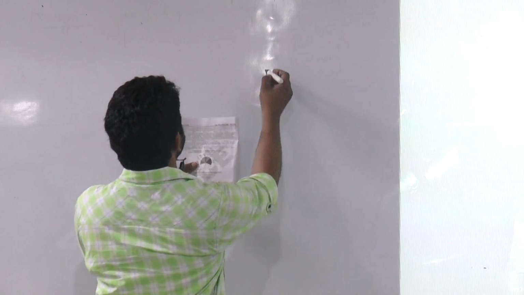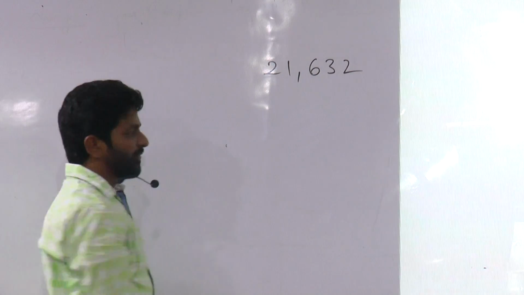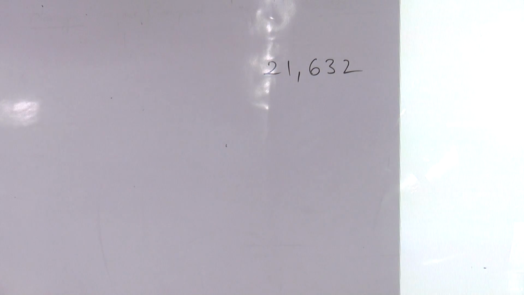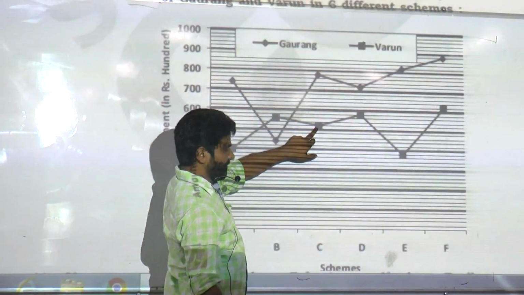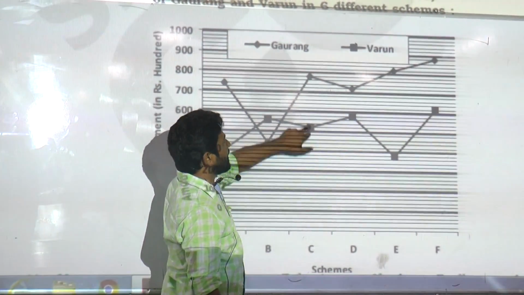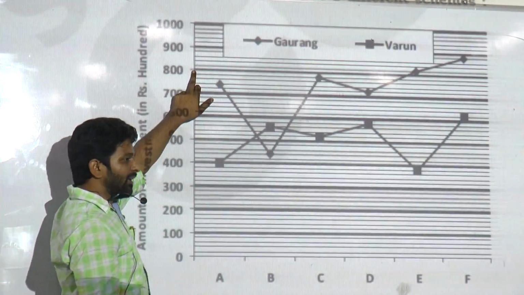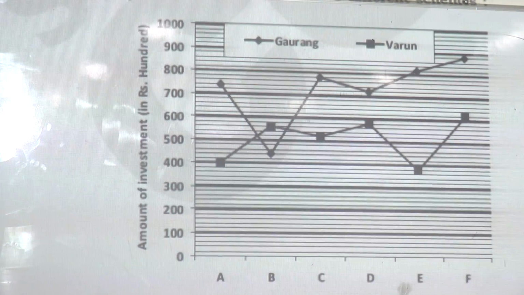So total interest received from two schemes together is 21,632. This is for scheme C, both Gaurav and Varun. Varun, how much is this? 520. And if you add 20 to this number, it becomes a perfect number, right? 800 and this is 500. 800 and 500 is 1300.